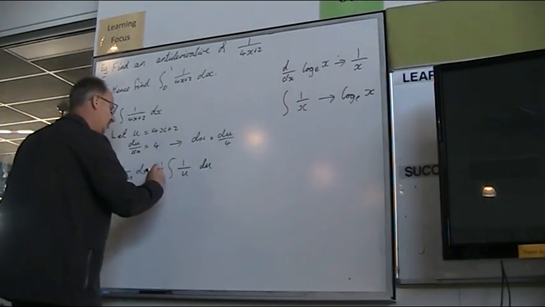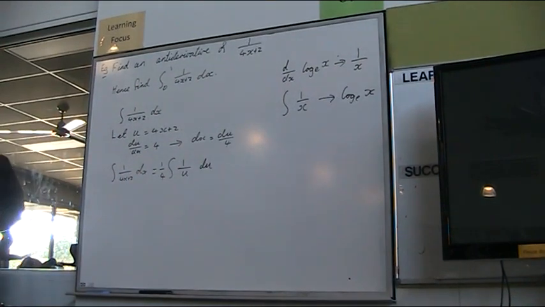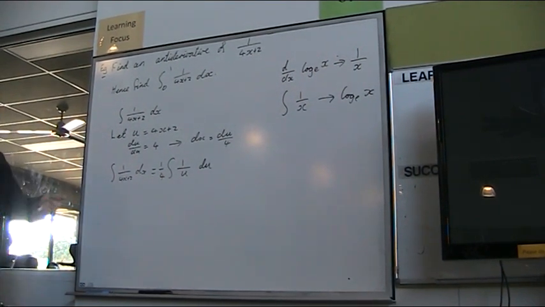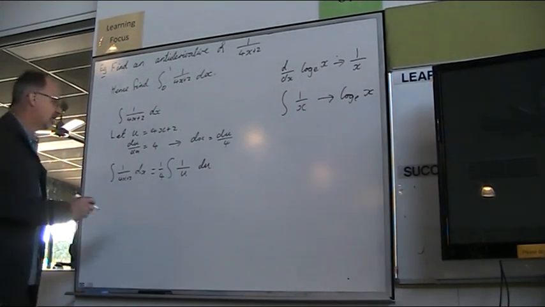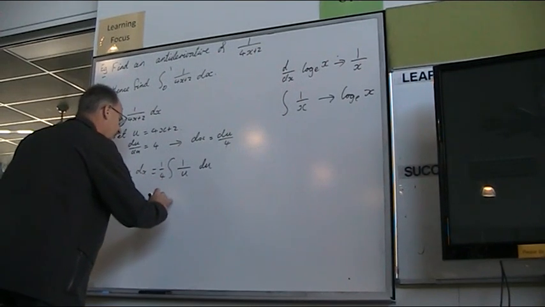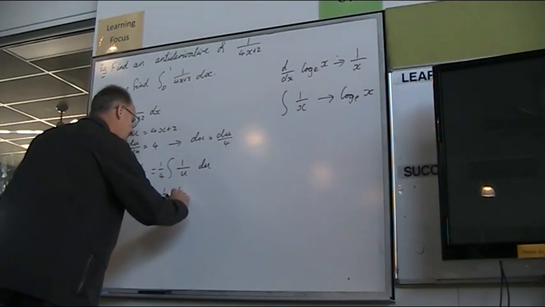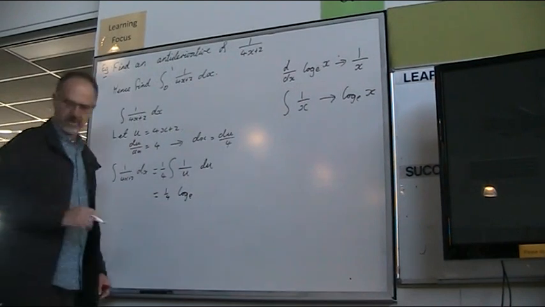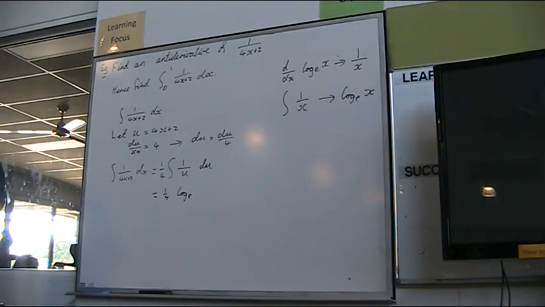And effectively, I'll put that 4 at the front as a quarter, and then I anti-differentiate with respect to u. So if I anti-differentiate 1 over u, that becomes log to the base e. Now, what do we know about numbers that we can take logs of or can't take logs of?